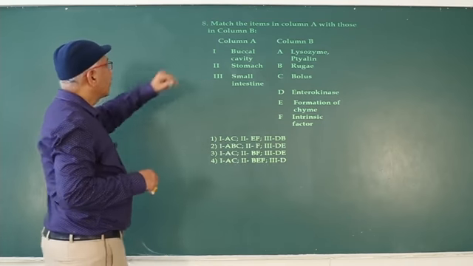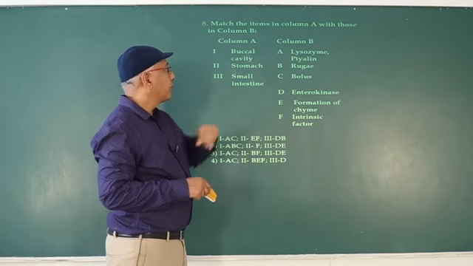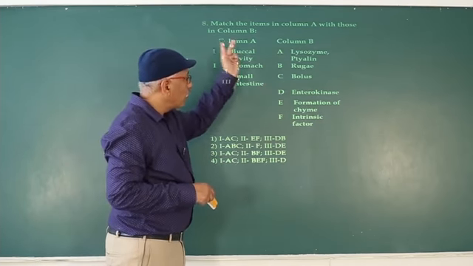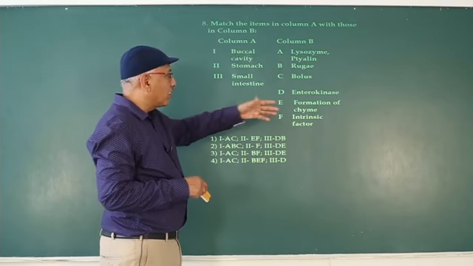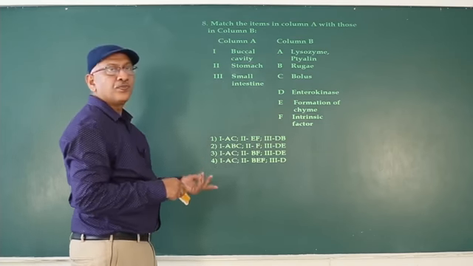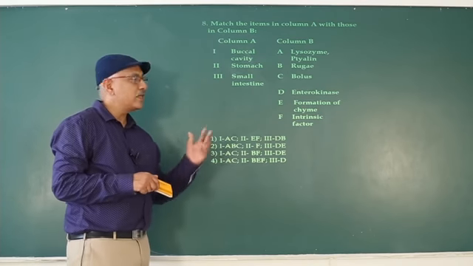Next one, 2, stomach: rugae, irregular folds. Bolus is in the oral cavity only, and enterokinase is in the intestine, so not related. Formation of chyme is in the stomach only, the acidic, partially digested food.